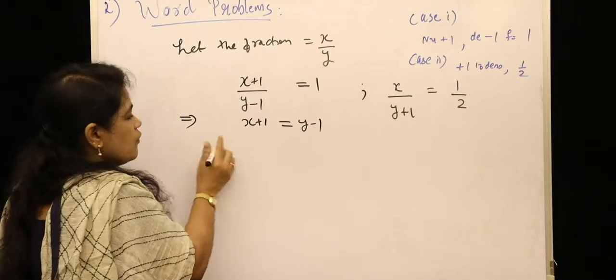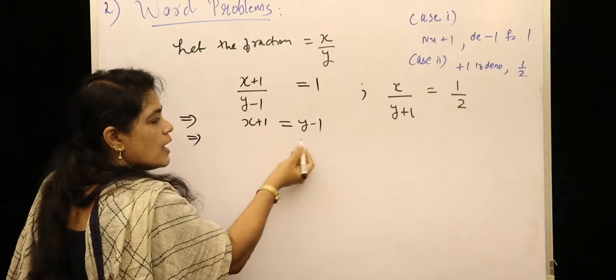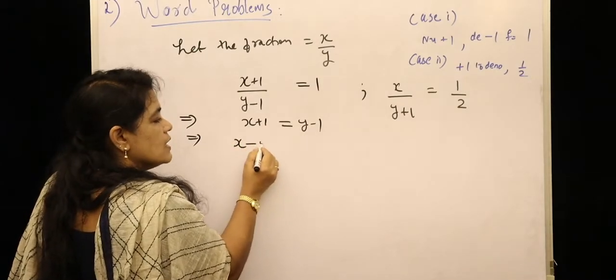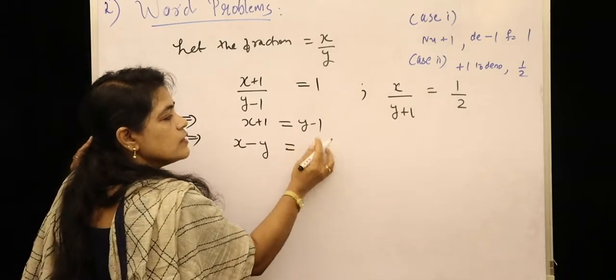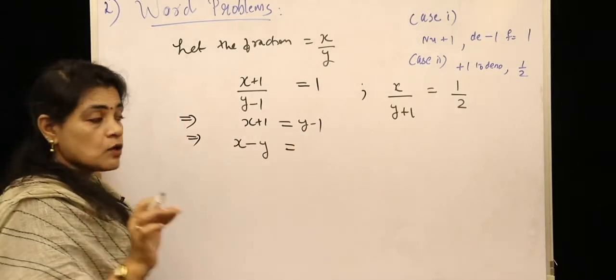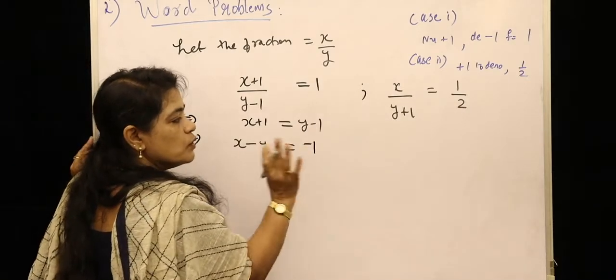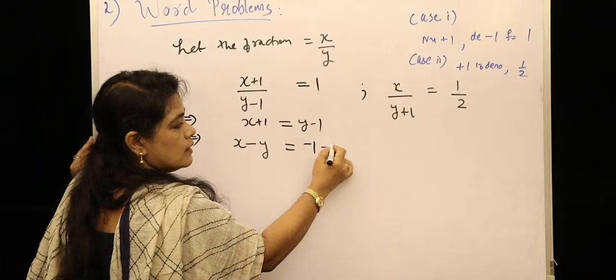Now, in order to get the general form, we can take the variable y from RHS to LHS, so minus y, and x is already there. On the RHS comes the constant term, minus 1, no change for this term, and my plus 1 becomes minus 1.